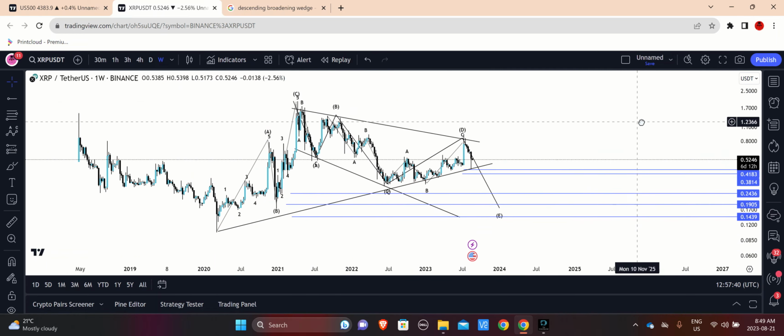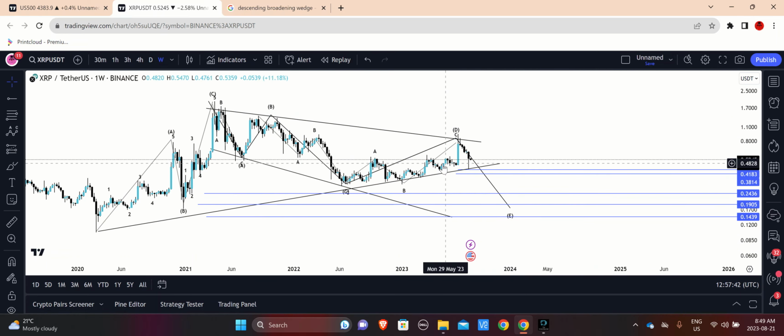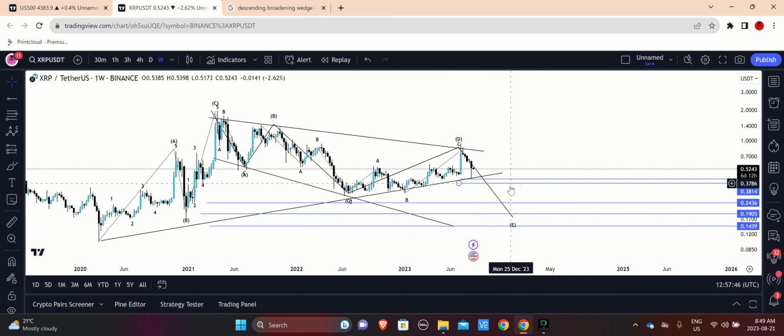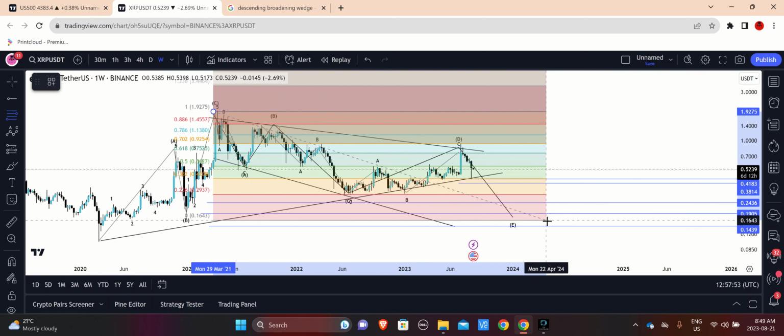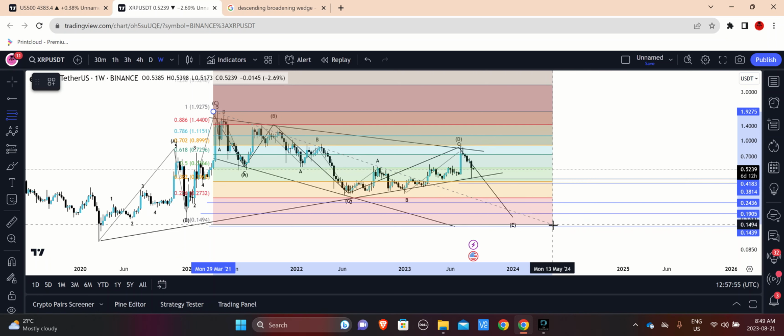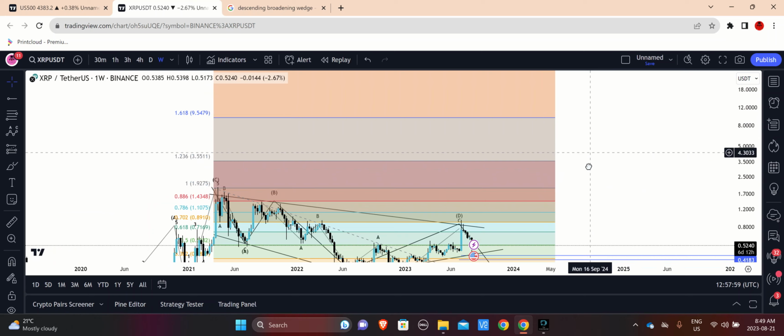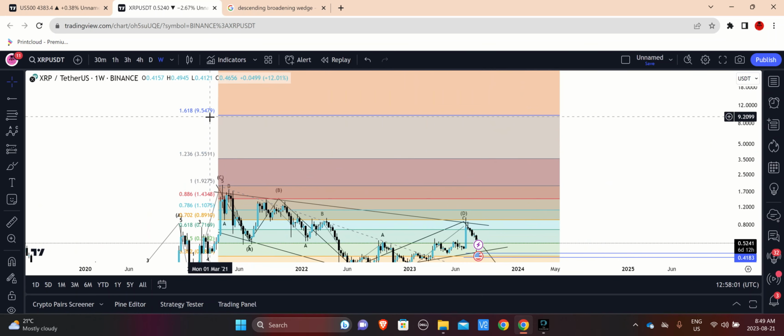Now what happens is if we do break the 0.786 and then we do end up going to 24 to 15 cent, then we can find some upside targets as well. Like if we take a fib from the very top to, let's say, 15 cent, your 1.618 is at 9.50.